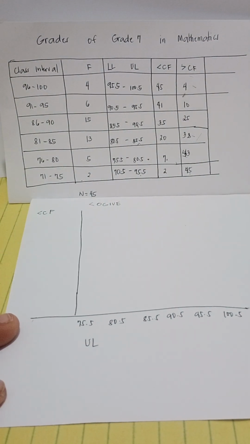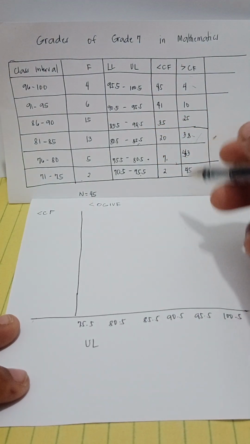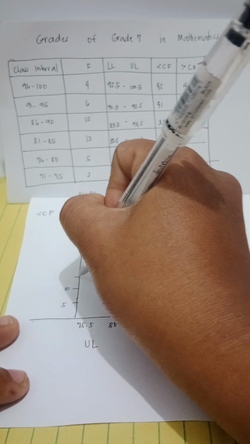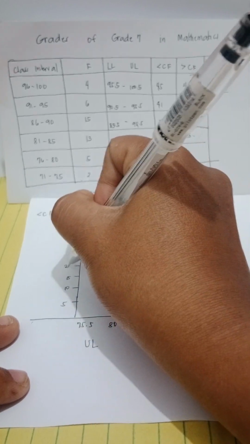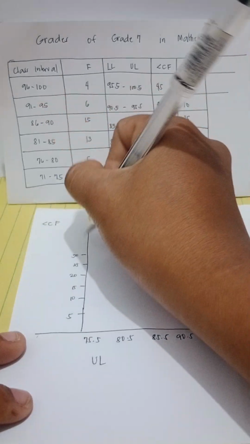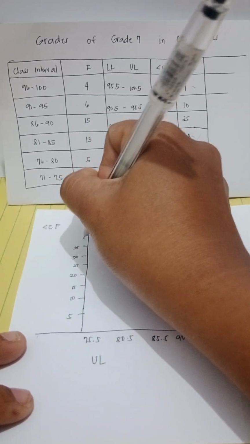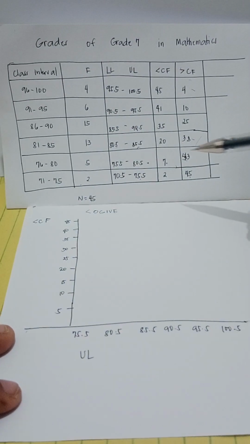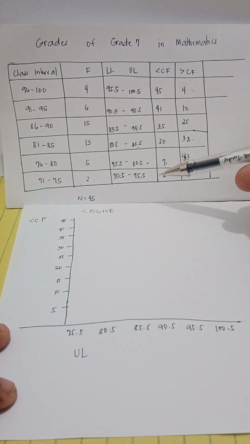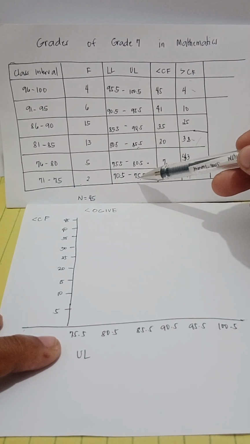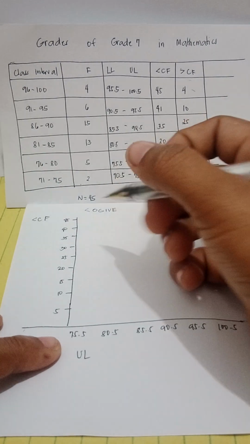This time, I will use the multiples of 5 as our frequency. I will start with 5, 10, 15, 20, 25, 30, 35, 40, and 45. The less than cumulative frequency of upper limit 75.5 is 2.